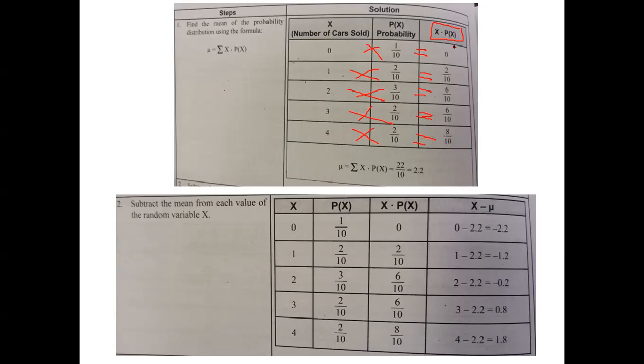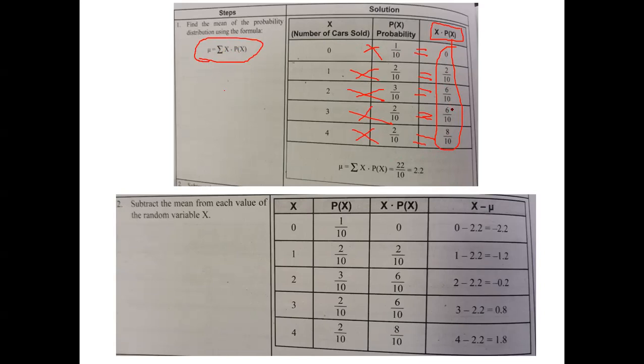Since we have the values of x times P of x, the formula for finding the mean is mu is equal to the summation of x times P of x. From the word summation, again, it is to add all the values given. We have here 0, 2 over 10, 6 over 10, 6 over 10, and 8 over 10. As we can see, the denominators are the same, so we're going to add only the numerators.